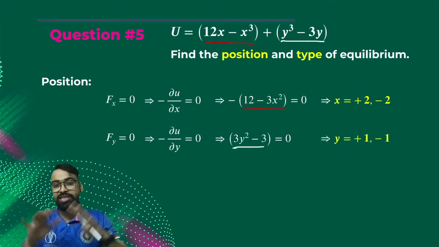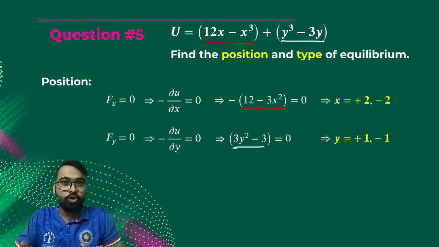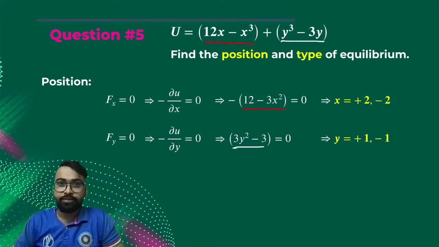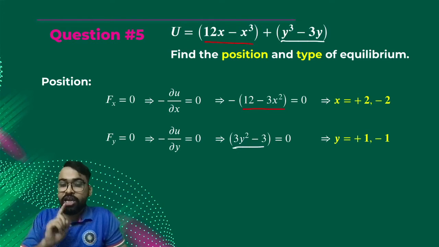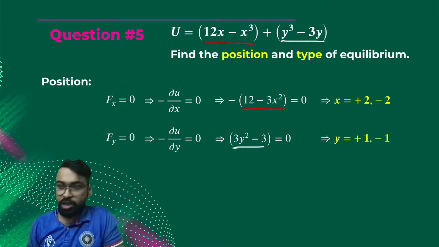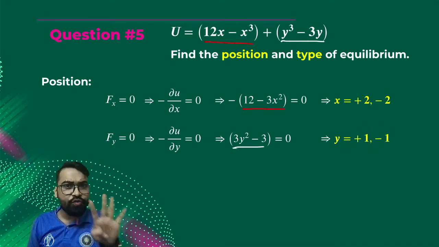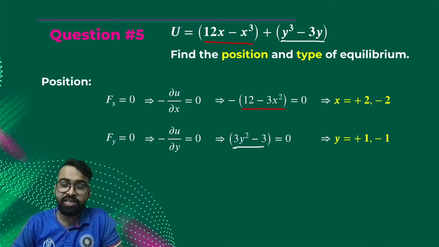Now what does this tell me? Because I've gotten so much data, I should be able to understand what it says. It says that if I want to take this position, this will be my equilibrium position. Are there 4 equilibrium positions? Yes, there are.